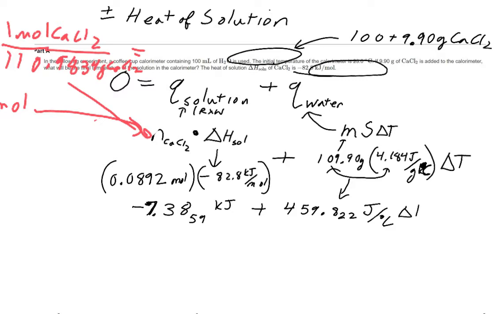Times, of course, our variable delta T. Okay. We have joules and kilojoules. All of this has to equal 0. We have two different units. We have kilojoules and joules. I'm going to go ahead and convert my joules to kilojoules right off the bat here just to make life simpler.